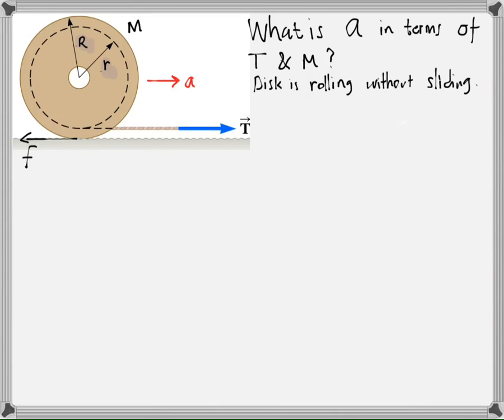The third force is mg down and the normal force up at the contact point of the spool with the ground. But since the motion takes place in the horizontal direction, it is enough to think of the forces T and F only.